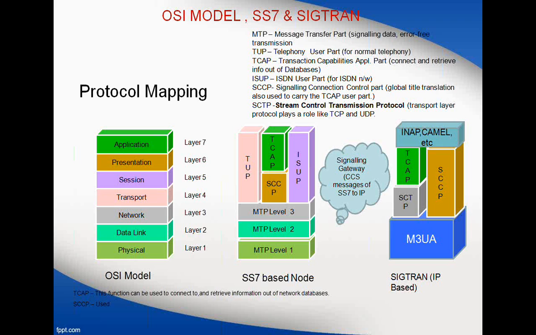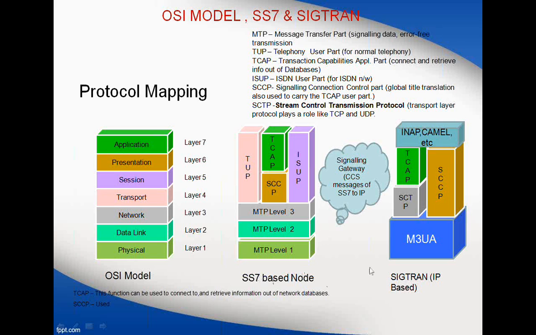Basically, SS7 works on the principle of STPs and SSPs, that is signaling transfer points and signaling points, and also signaling control points, wherein you will have a destination address and an originating address with a header. Depending on the OPC and the DPC, your SS7 network is going to transmit the messages and route them. That is how it happens.